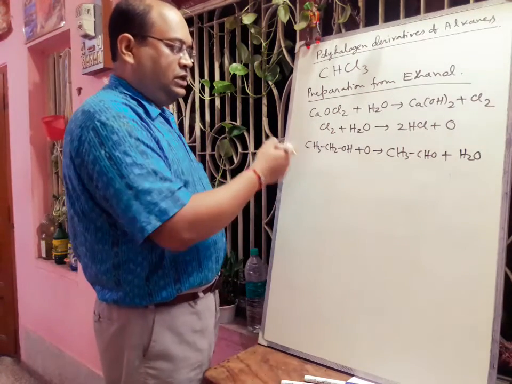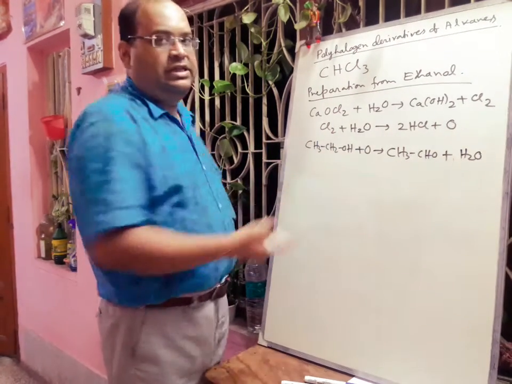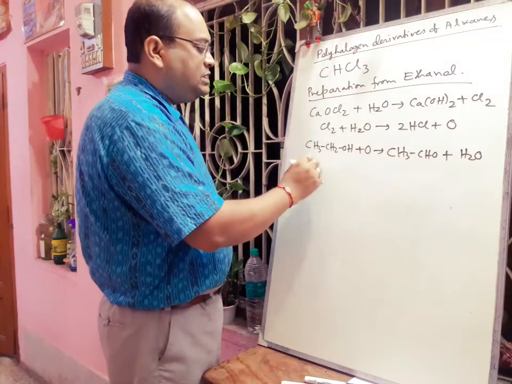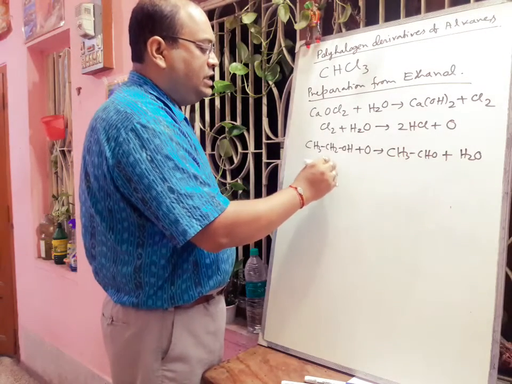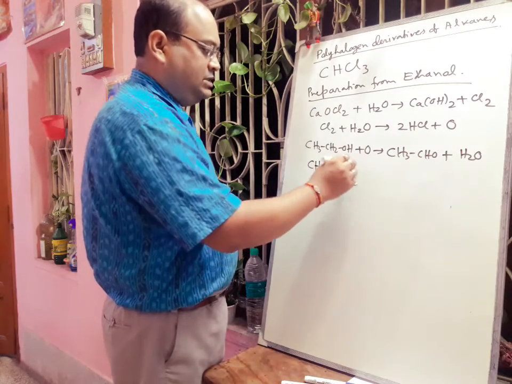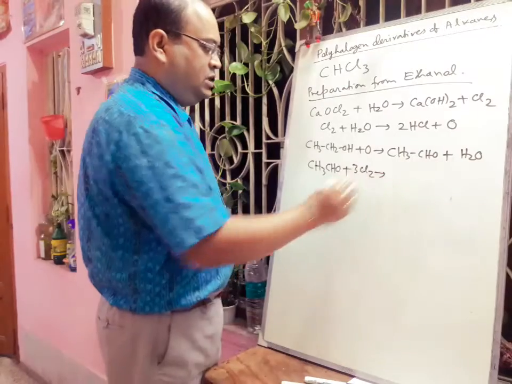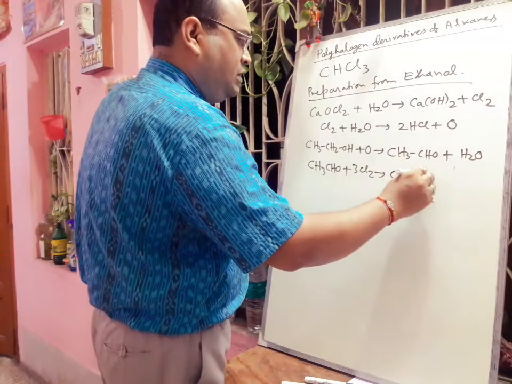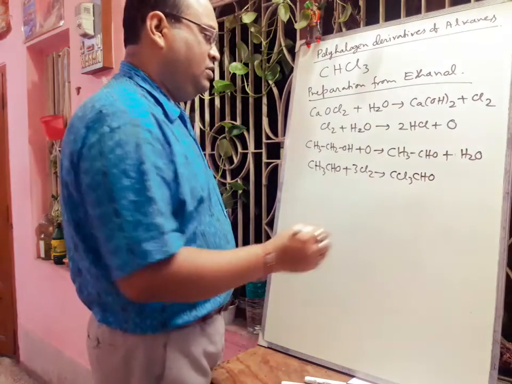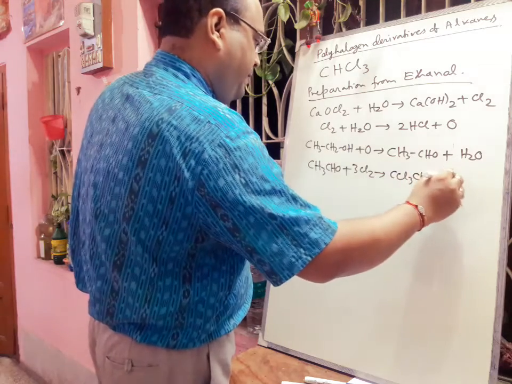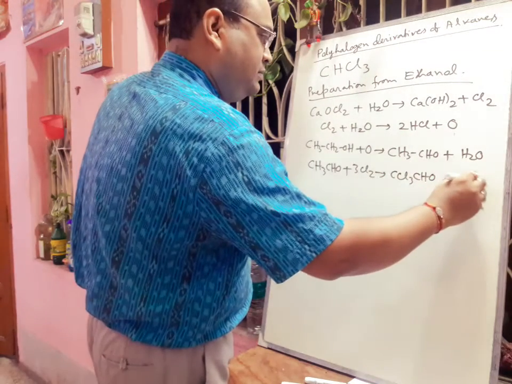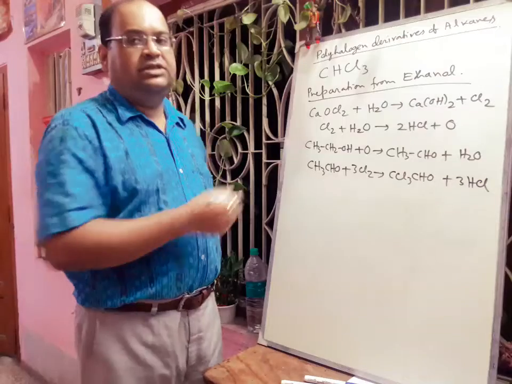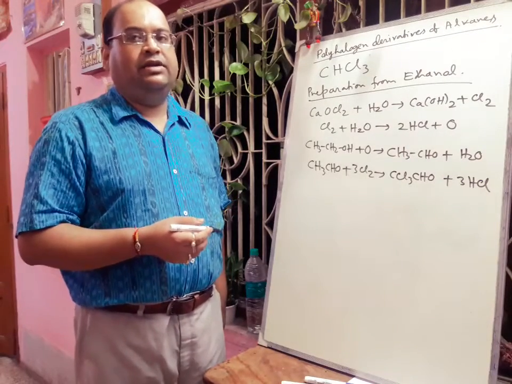Now chlorine will react with this acetaldehyde, CH3CHO plus 3Cl2, that will produce chloral, CCl3CHO, plus 3HCl. Now by hydrolysis of chloral we will get chloroform.